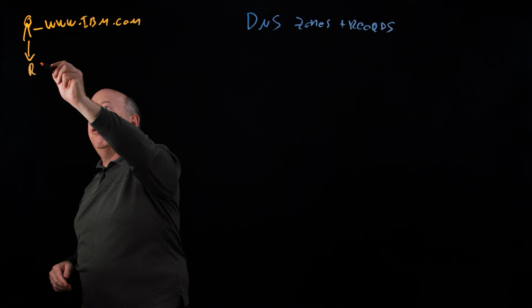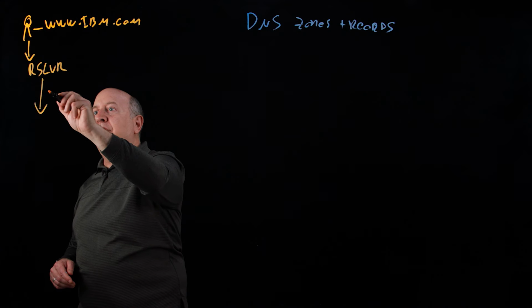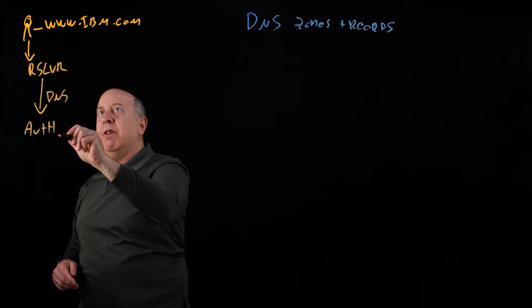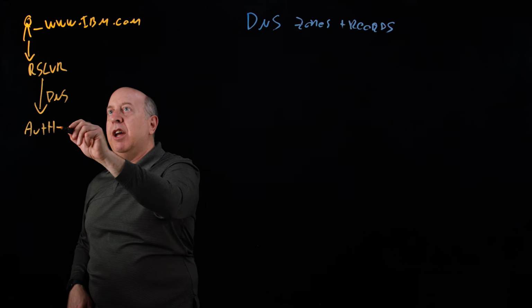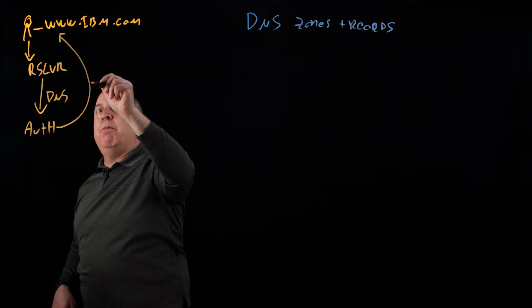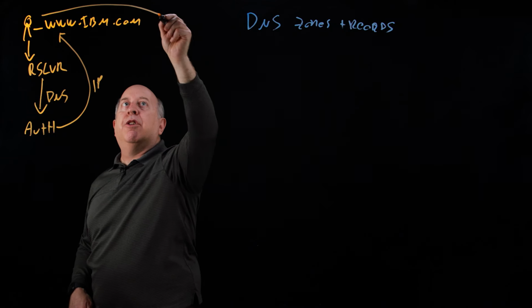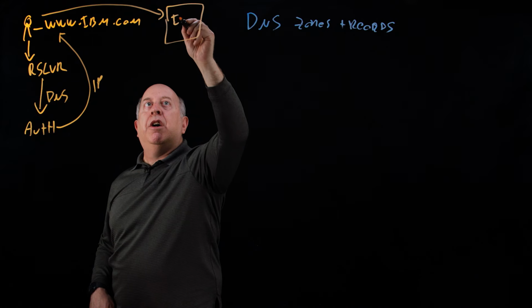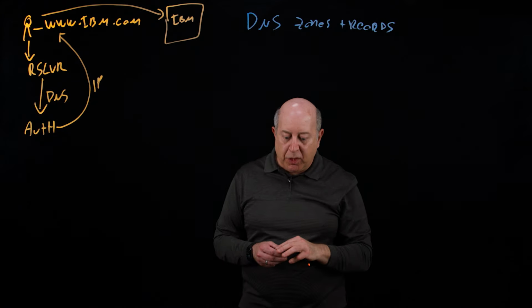Their PC talks to the local resolver, which then goes out to the DNS, to an authoritative DNS name server, who looks up that name, www.ibm.com, and returns the IP address for www.ibm.com, and then the user is able to get to the web page for IBM and go view all of our products.